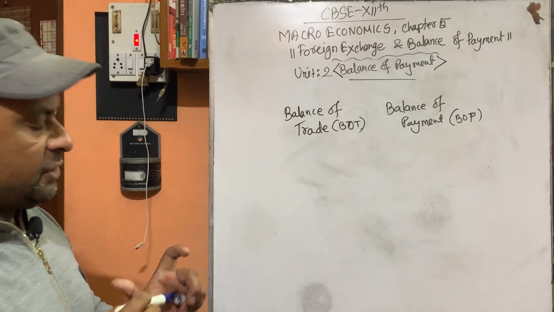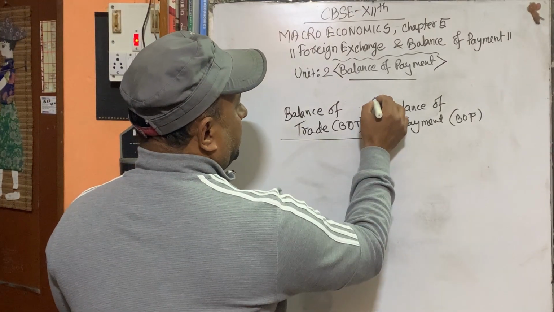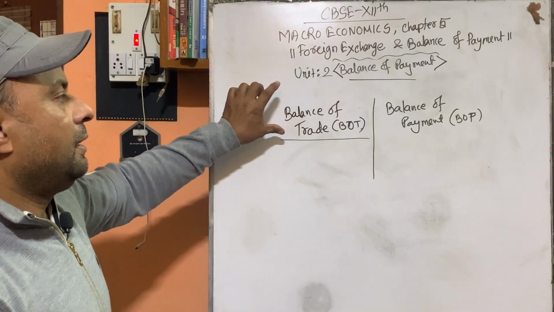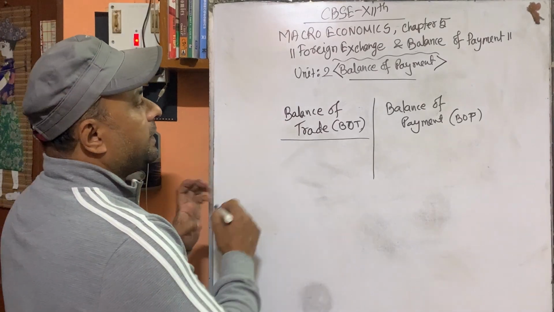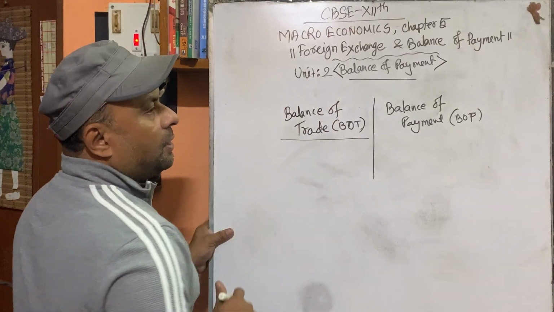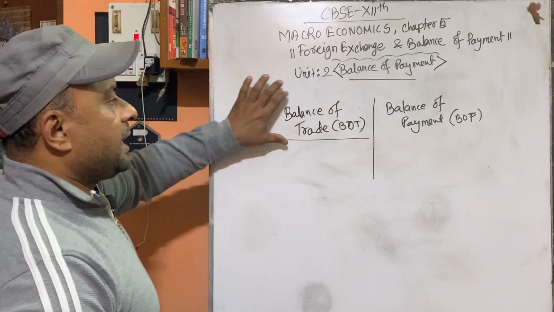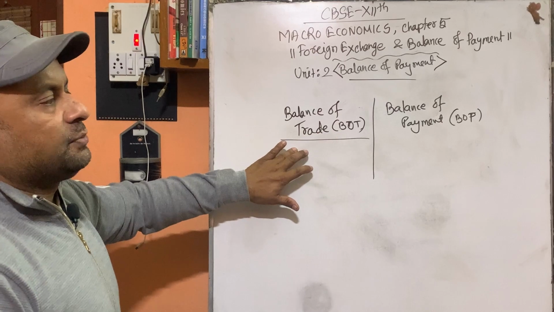Balance of Trade means the economic record of those transactions of a country which are conducted within one financial year, dealing with only the visible and material goods of the country. That is, export and import of visible items of the country only comes under balance of trade.